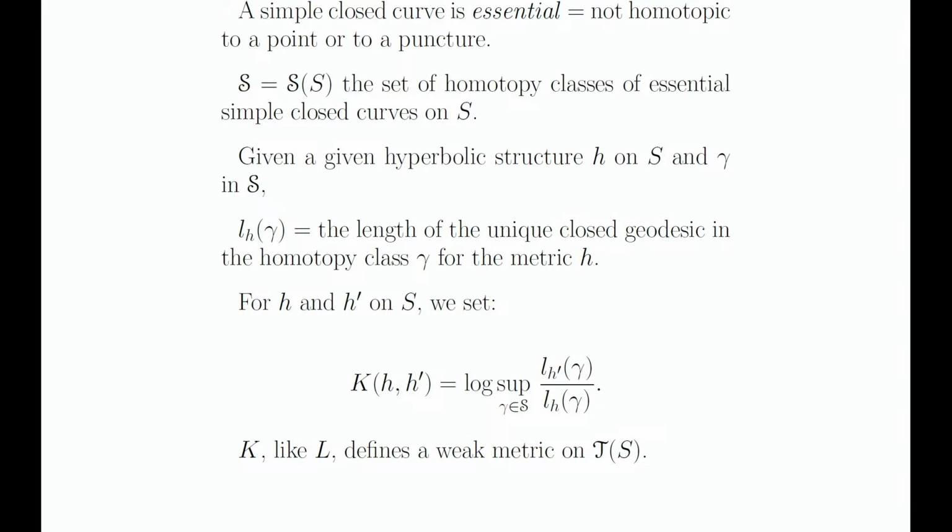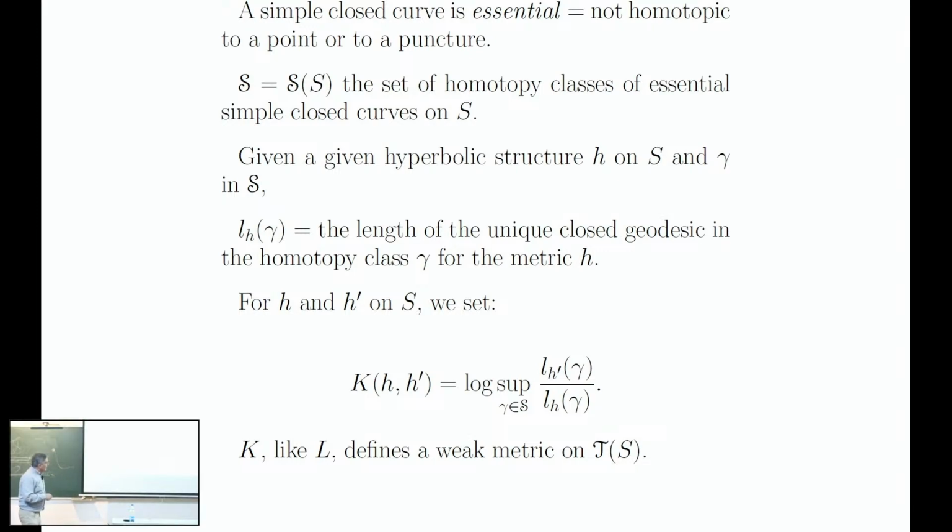The log here is not a meaningful thing, I mean, just for convenience. And then now you have a new function on hyperbolic metrics, K, defined on the product of the Teichmüller space with itself. K(H, H prime) is this, and then I say that K, like L, defines a weak metric. Weak means that it does not necessarily satisfy the triangle inequality.